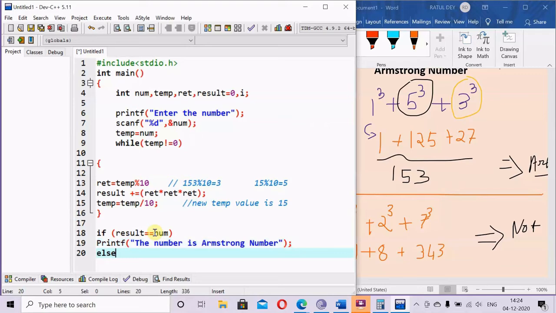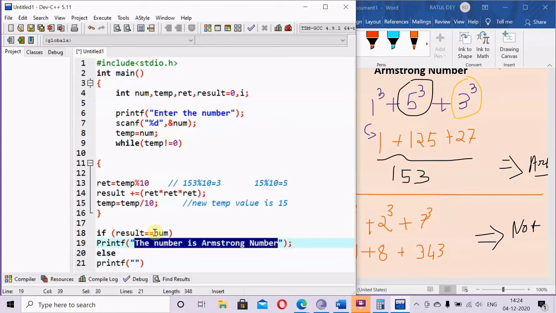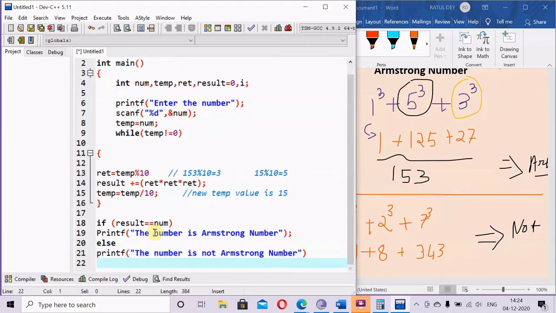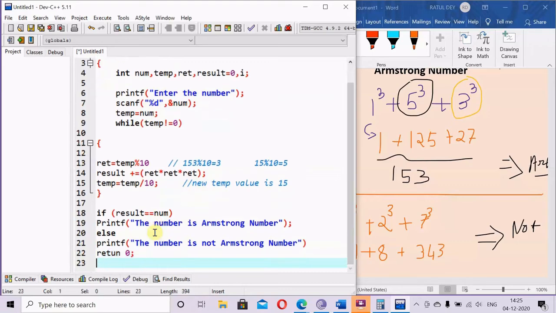If this is not true, in the else part we use printf with the just opposite of this: the number is not Armstrong number. And at the end we use return 0, because we are using the integer type of main, and we end with the bracket. So I hope you understand that this program is done.